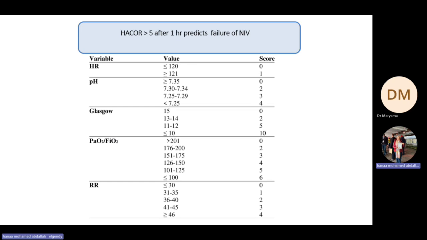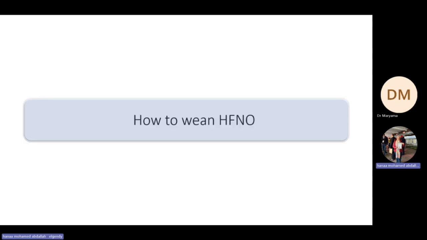What's the HACOR score? It includes heart rate, pH, Glasgow coma score, PF ratio, and respiratory rate. It ranges from 0 to 25. Any patient with a HACOR score more than 5 is not a candidate to continue non-invasive ventilation.